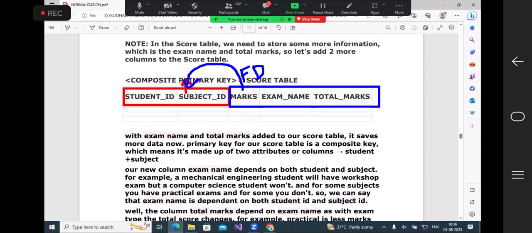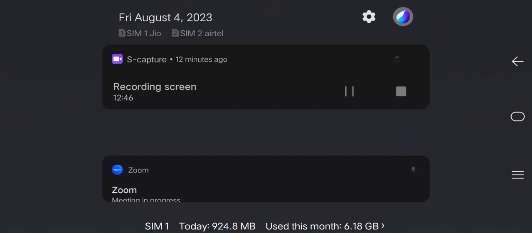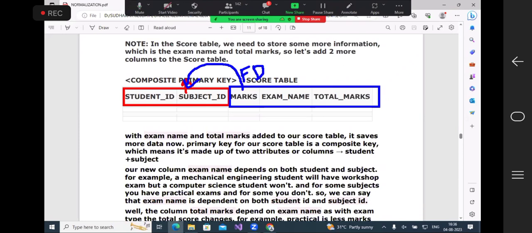Your marks means your obtained marks, but I wanted total marks. Do you consider total marks as your obtained marks, or the marks of the examination written? Examination marks are considered as the total marks. Out of the total marks, what marks you obtained?